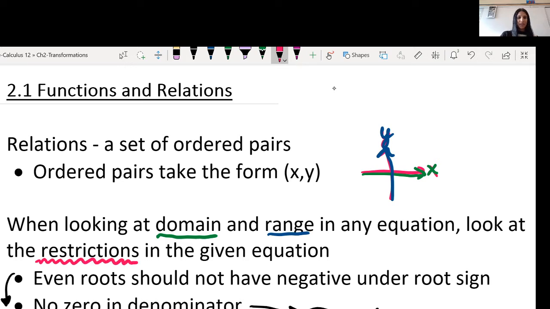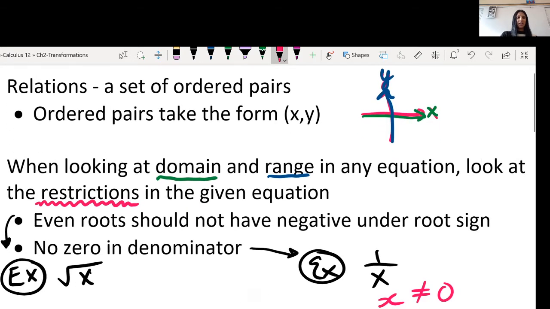The first one is that even roots should not have a negative under the root sign. So, if we take a look at our first example here, the square root of x, which you are familiar with, we're going to do a whole chapter on this again this year, radical functions.